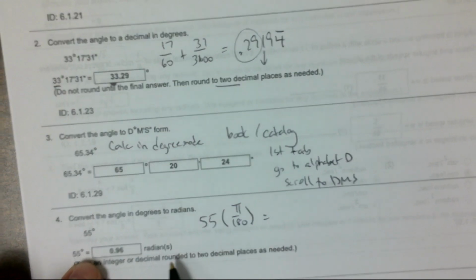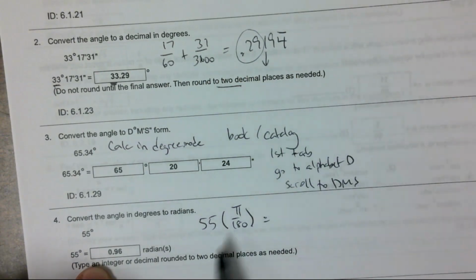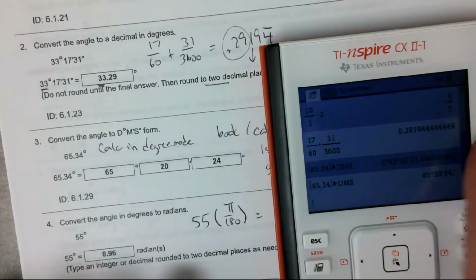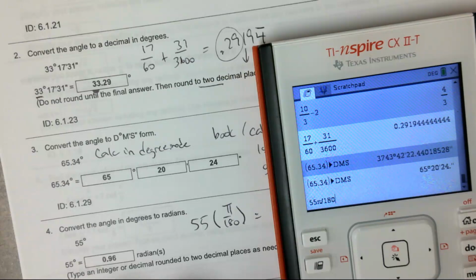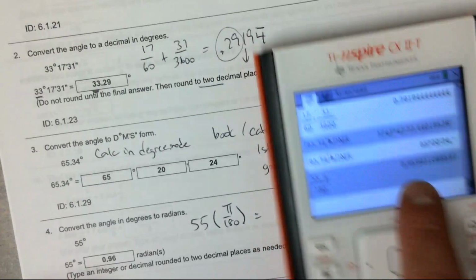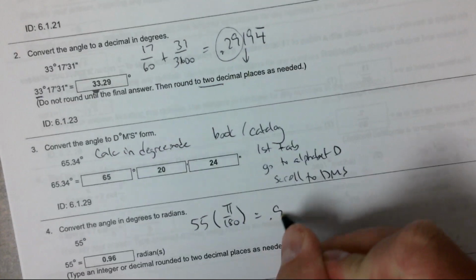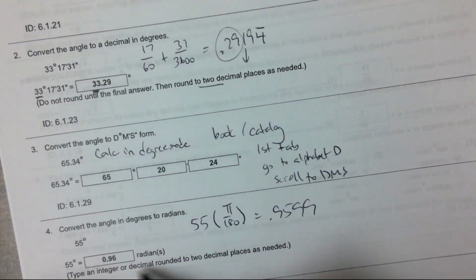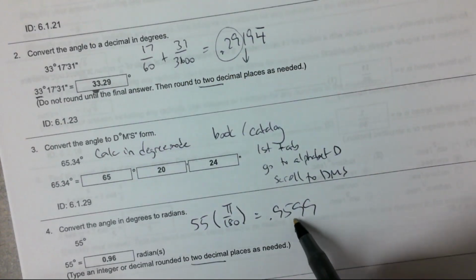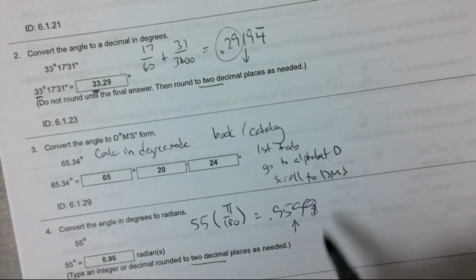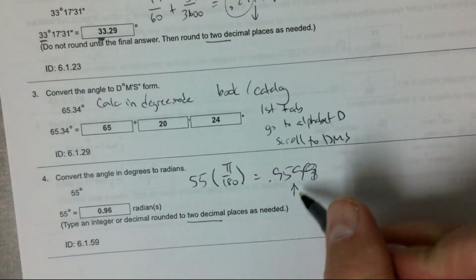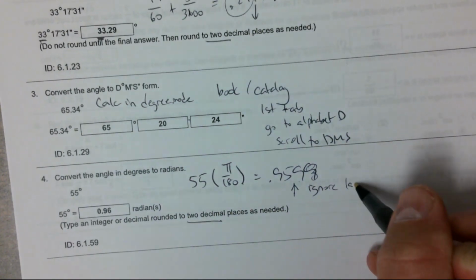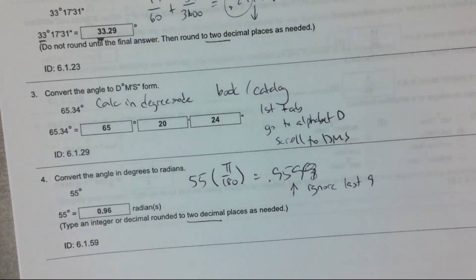And since it wants a decimal, then just go ahead and type it 55 pi over 180. Control enter, and I get 0.9599. And we have to round to 2 decimal places, so based on this 9 we round up, this one we ignore, and so that's 0.96. Okay, so that's the first 4.